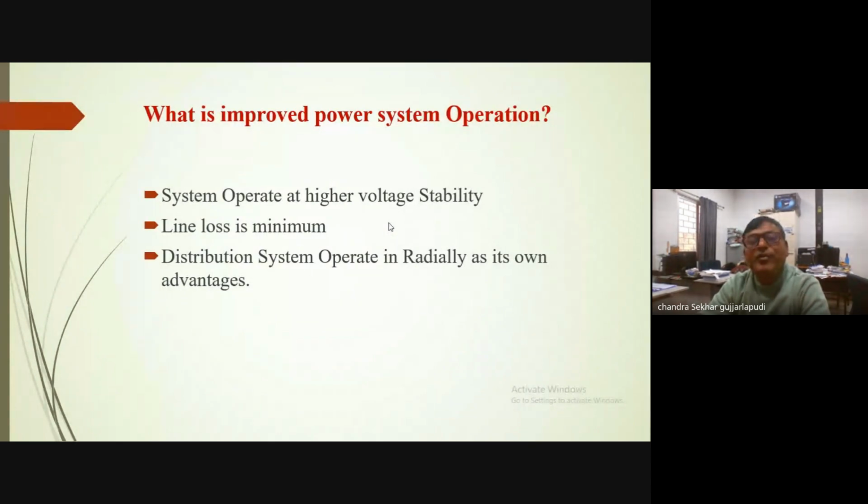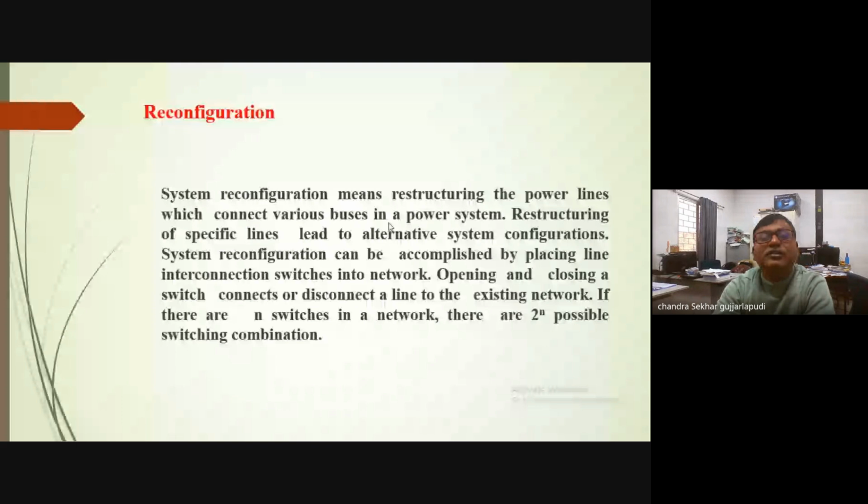We have to maintain voltage stability and minimize the transmission loss, and normally on the distribution side we have to operate it in radial form. But for the present discussion, we are concentrating particularly on the voltage stability part for the power distribution network. As I told you, reconfiguration means the restructuring of the power lines which connect the various buses in the power system.